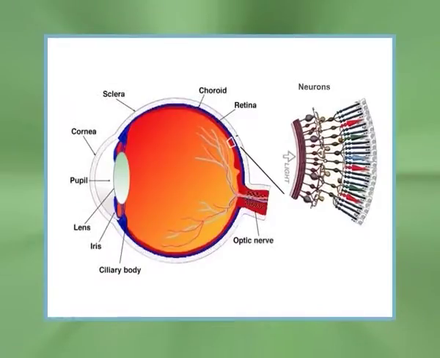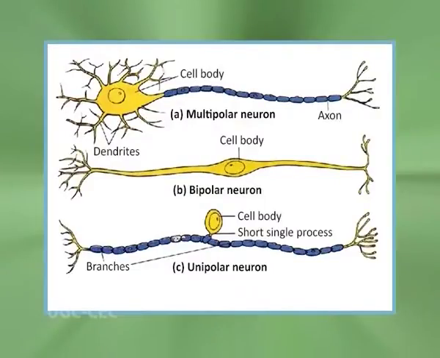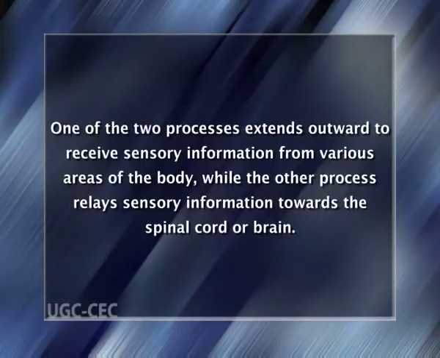This type of neuron can be found in the retina. Unipolar neurons are generally sensory, that is afferent neurons that have a single process, which then divides into two. One of the two processes extends outward to receive sensory information from various areas of the body, while the other process relays sensory information towards the spinal cord or brain.